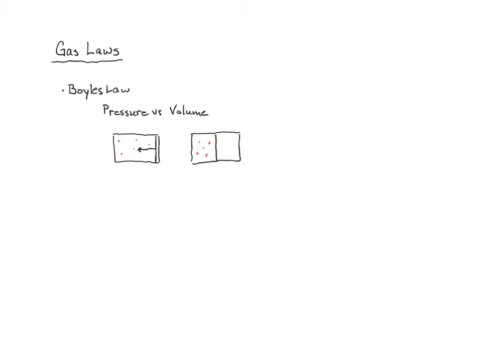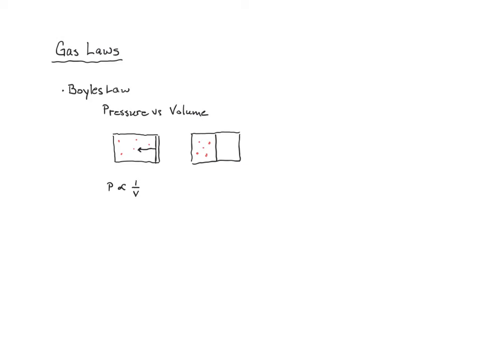Okay, so think about what's going to happen to the frequency with which they're going to hit the wall. Okay, if they're packed into a smaller space and they're moving around randomly, they will hit the wall more frequently. And this is exactly what Boyle's Law tells us. It says that the pressure of a gas is going to be proportional, I should say indirectly proportional, to the volume.